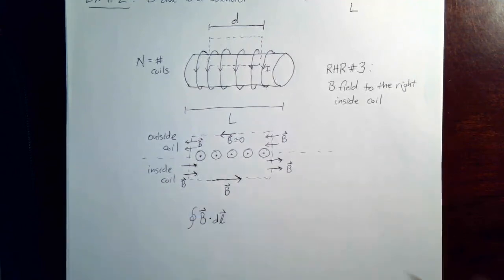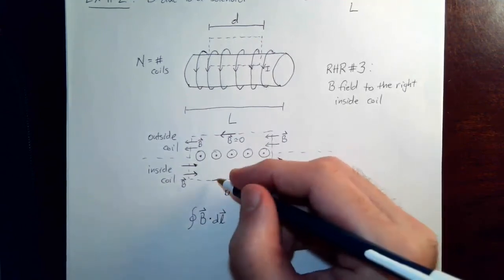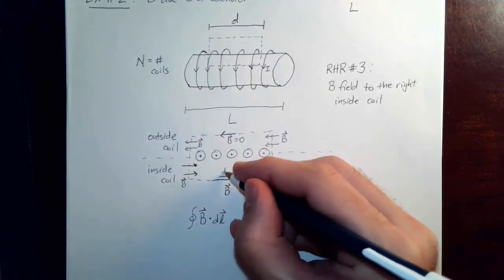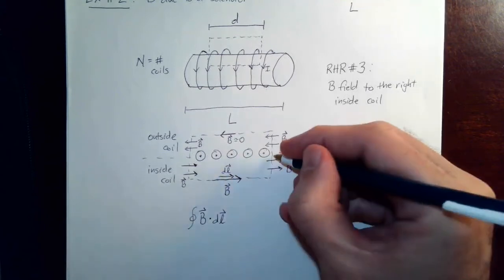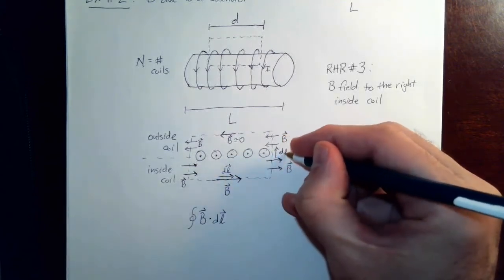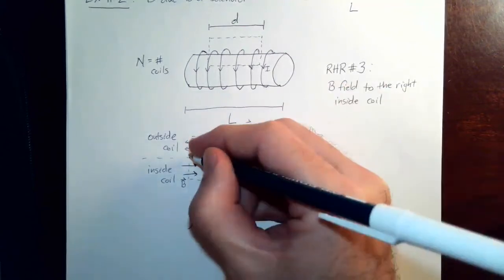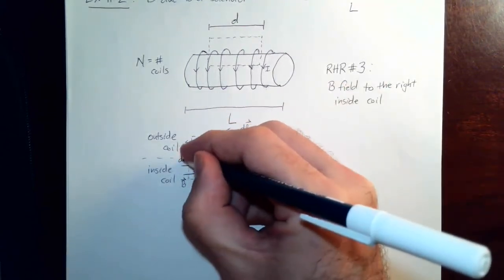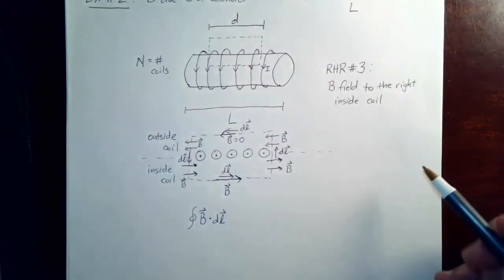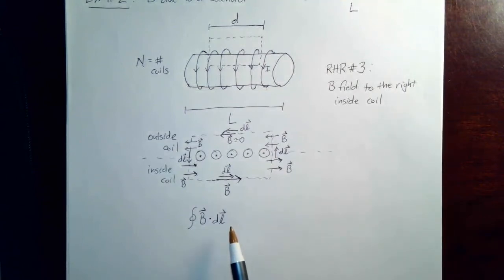So integral of B dot dl. Oh, and what's the direction of dl? Remember, we're walking counterclockwise around this loop. So dl goes that way. And then over here, it goes that way. And up here, it goes this way. Okay?